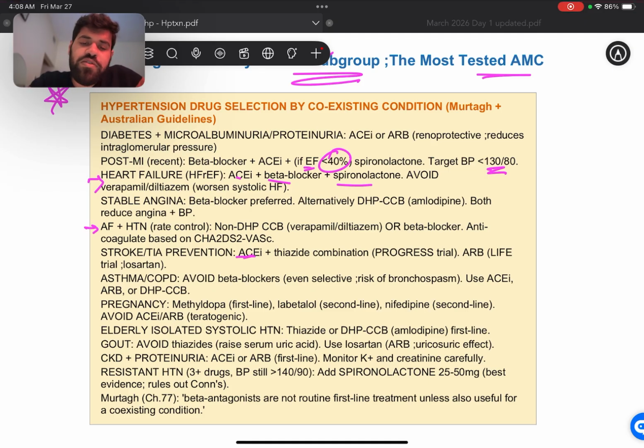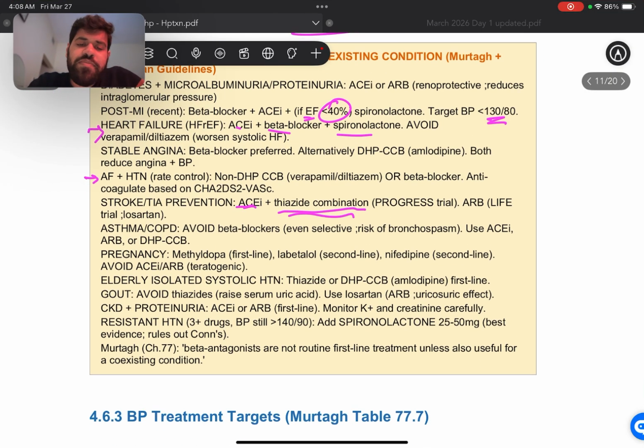This is the one where we use ACE inhibitors and thiazides instead of beta blockers. For asthma and COPD, we avoid beta blockers and use ACE inhibitors, ARBs, or DHP CCB. If ACE inhibitors give our patient a cough, we switch to an ARB.